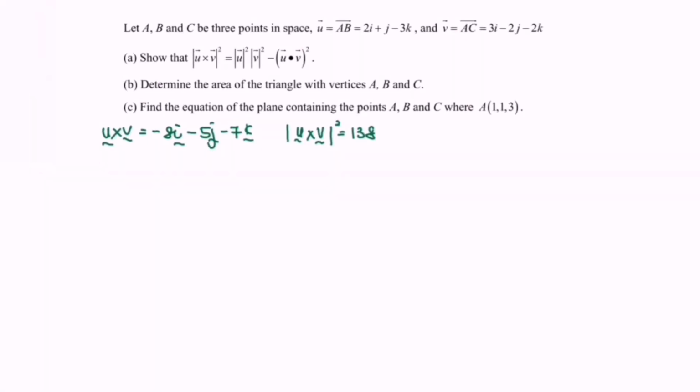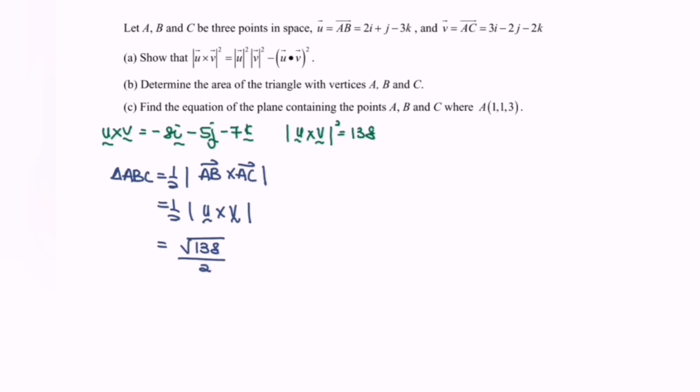B. Determine the area of the triangle with the vertices A, B, C. So the area for the triangle ABC is equal to 1 over 2 multiplied with the magnitude of AB cross AC, where we have 1 over 2 magnitude for U cross with the V. So kindly substitute, where we have the magnitude for U cross V equal to square root of 138 over 2.